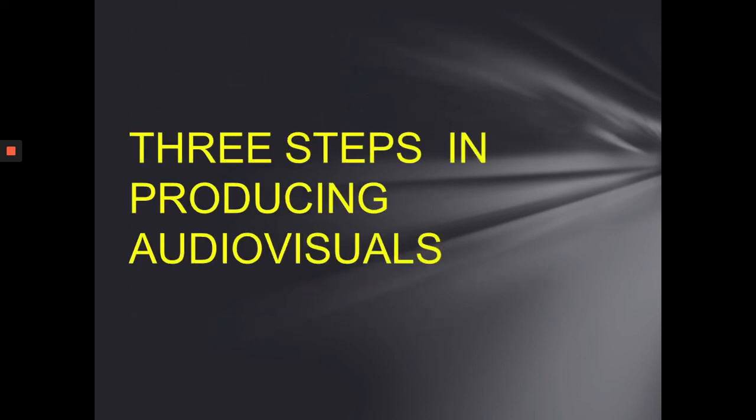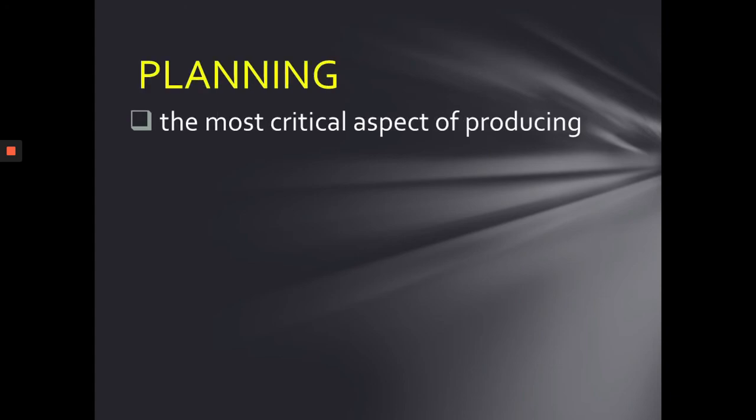There are three steps in producing audiovisuals. First is planning. Planning is the most critical aspect of producing. Planning is a fundamental function which involves deciding beforehand. It is a process of thinking about activities required to achieve a goal.